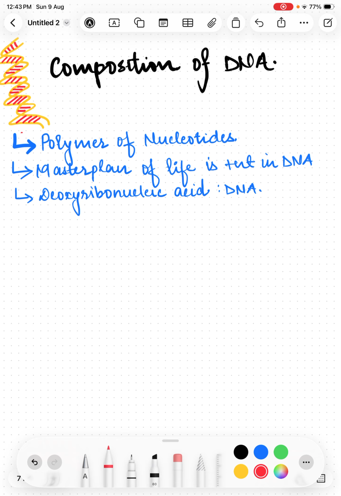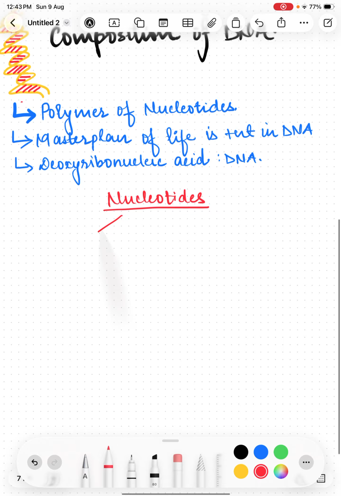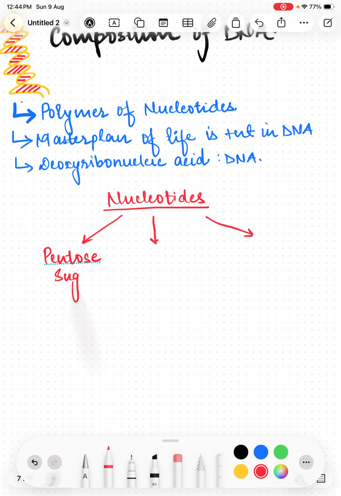So, nucleotides consist of three components, that is pentose sugar, second one is nitrogenous bases, and third one is phosphate group.